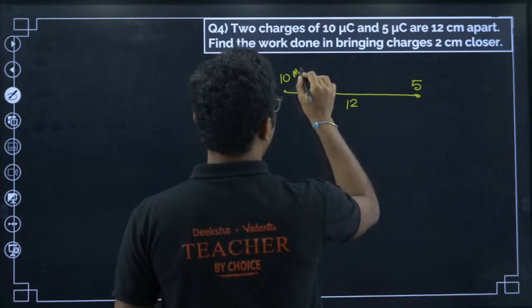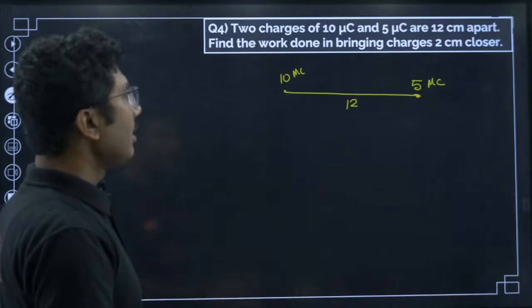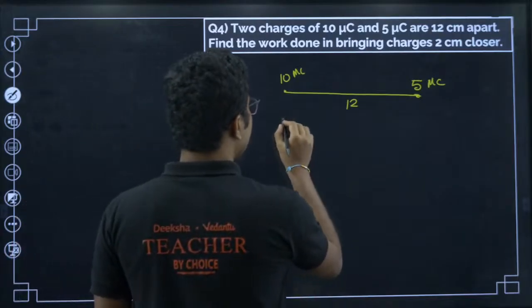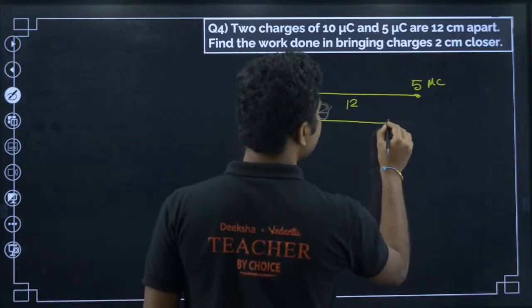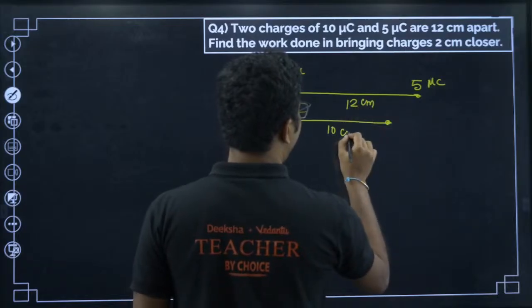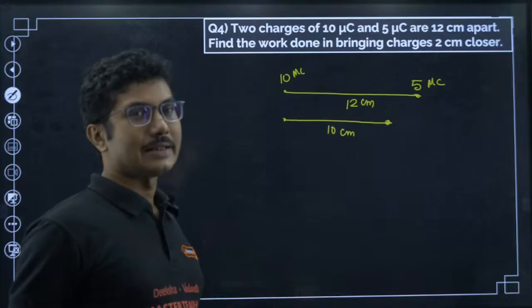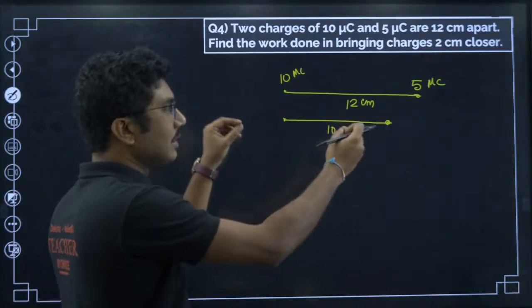Okay. Now, if you want to bring them 2 centimeter closer, that means the final distance between them will be 10 centimeter. So initially they are 12 centimeter apart, final distance is 10 centimeter. You have to calculate the work done.